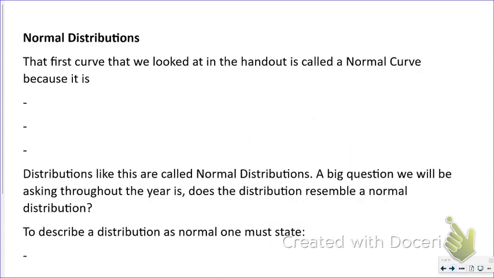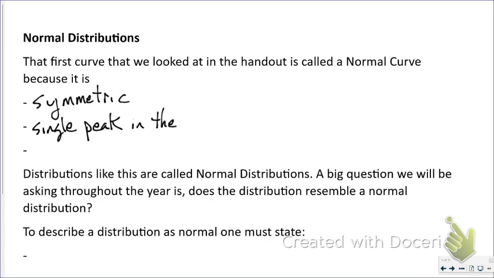And here, we'll end with this. We identify the three main aspects of a normal curve. It is symmetric, with a single peak in the middle.